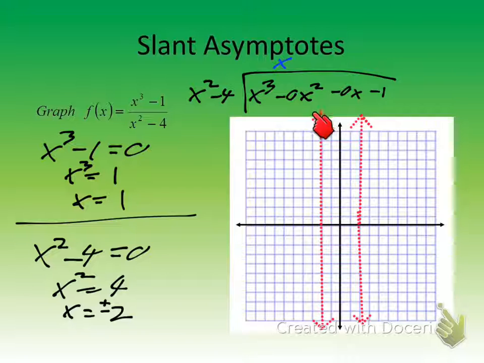Now, since you have 0x squareds, the next time you try to divide 4x by x squared, what will you have? Wouldn't it be negative 0x squared? What's 0x squared? 0.